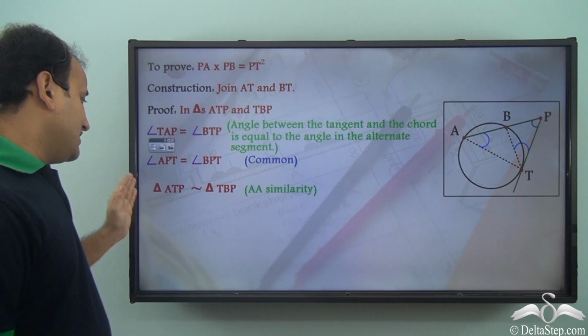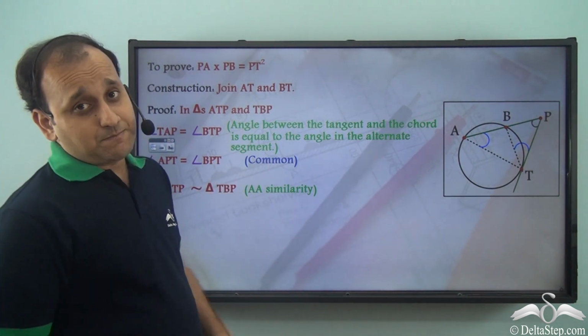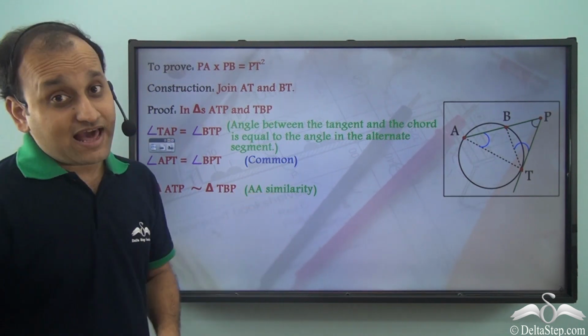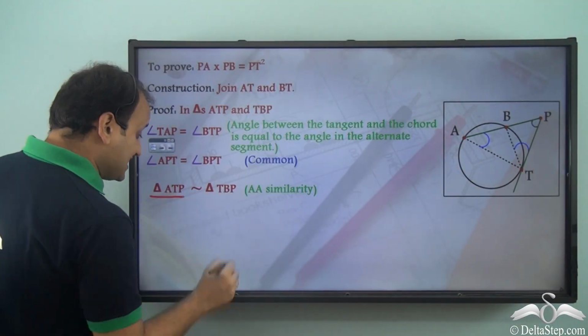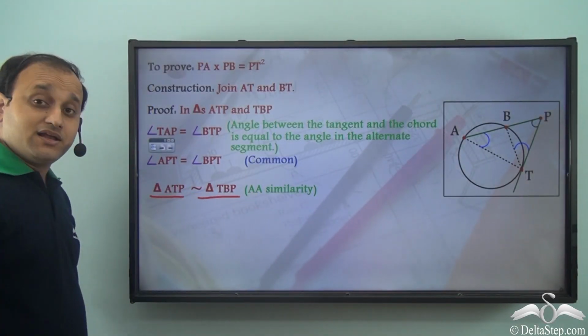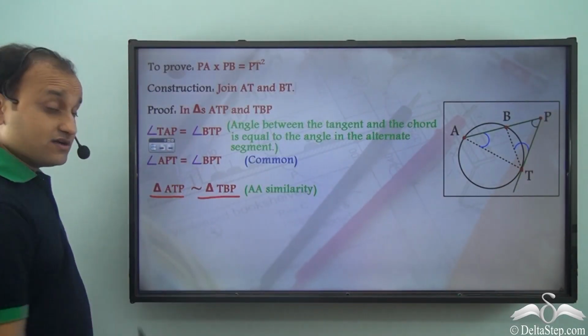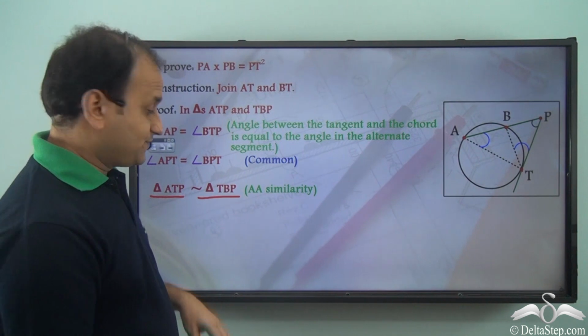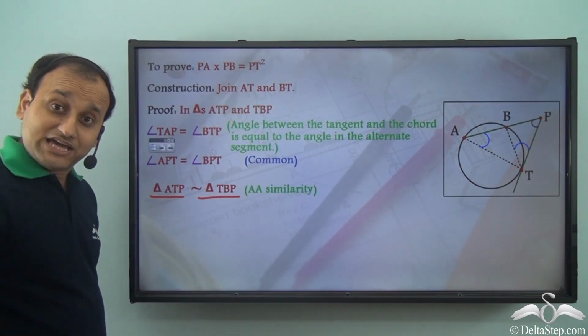Now triangle ATP will be similar to triangle TBP, AA similarity. So by angle similarity, we can say that triangle ATP is similar to triangle TBP because we have two pairs of angles which are equal. So these triangles are similar to each other.